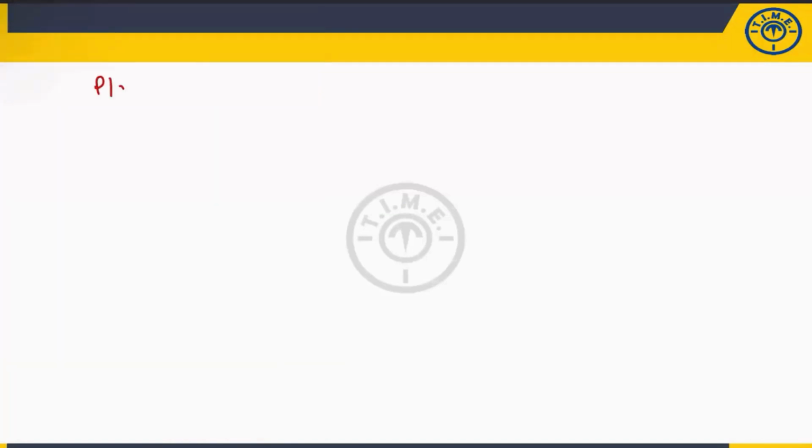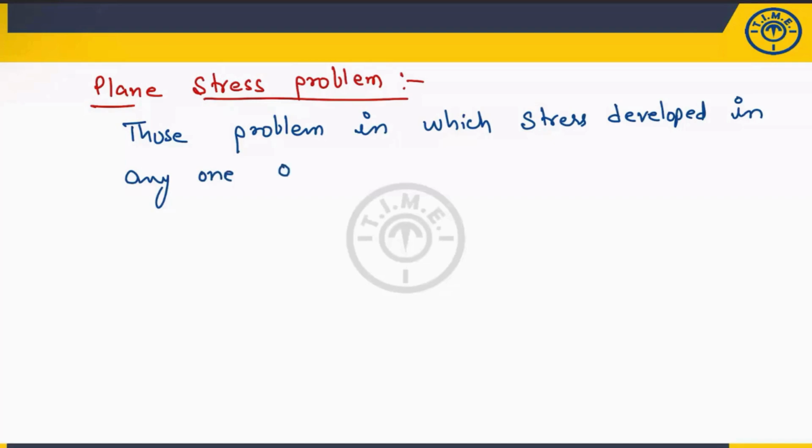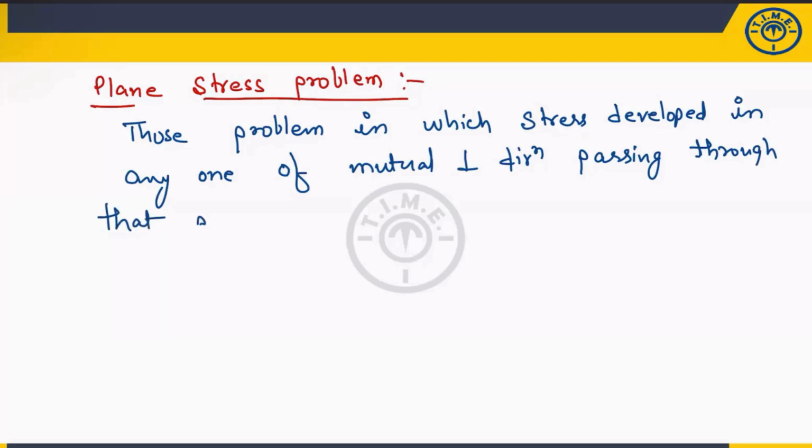So the plane stress problems are those problems in which the stress developed in any one of the mutually perpendicular directions passing through that point is assumed to be zero.